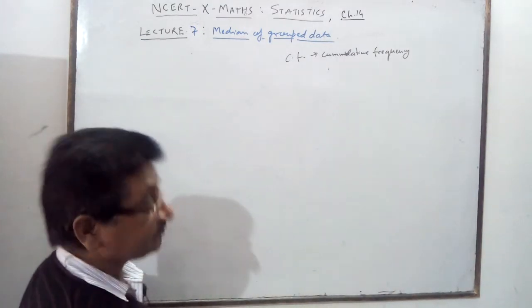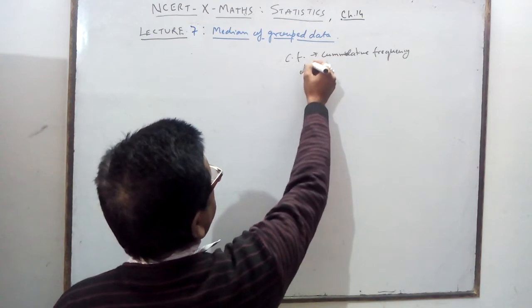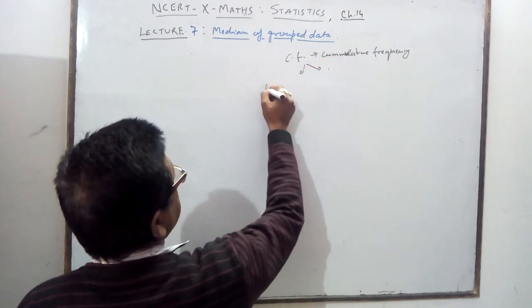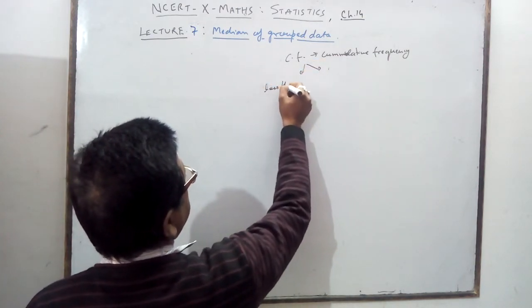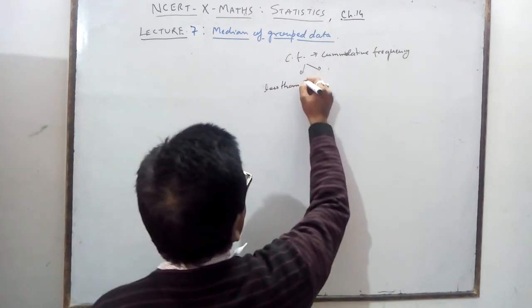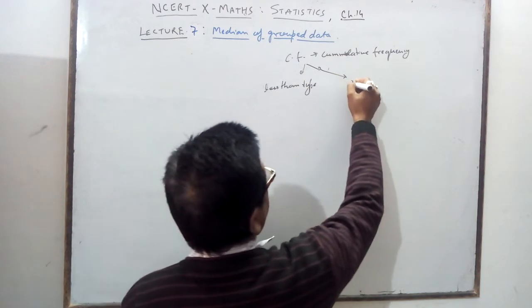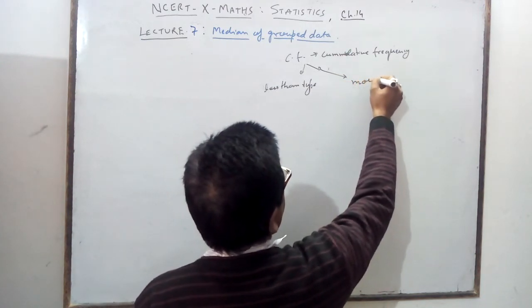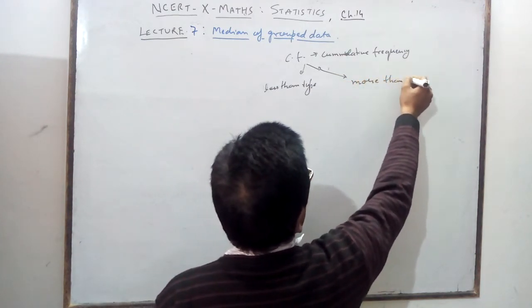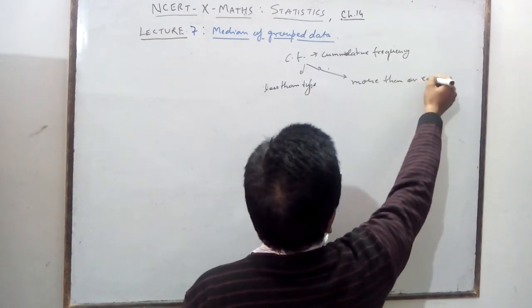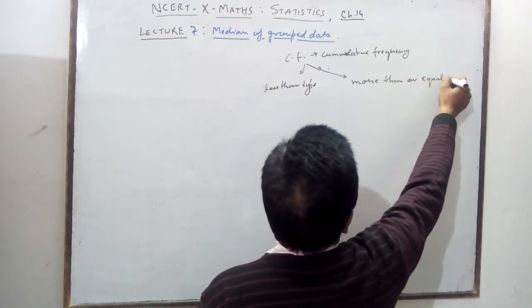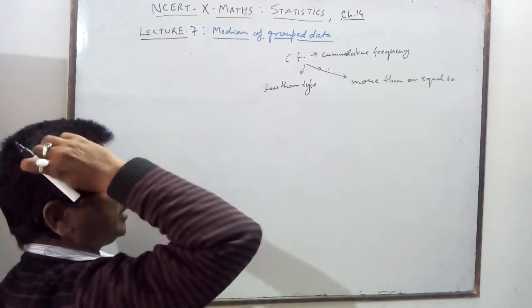One is the less than type, and the other is the more than or equal to type.